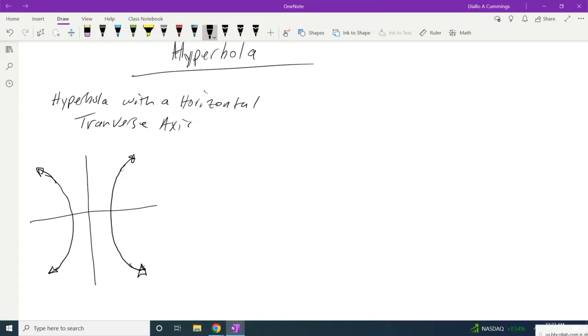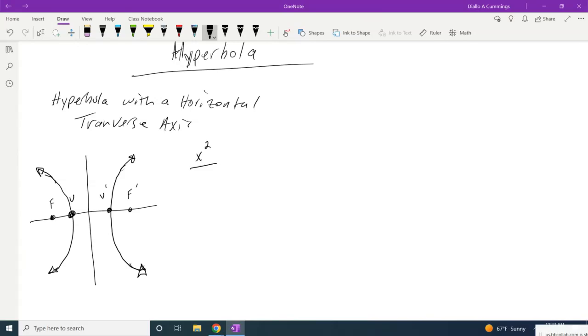It kind of opens up to the left and to the right. Now, since this has a horizontal transverse axis, the vertices, so I'm going to call that V and V prime, and the foci are located along this transverse axis. If you have a hyperbola with a transverse axis that opens up to the left or to the right, here's the model form.